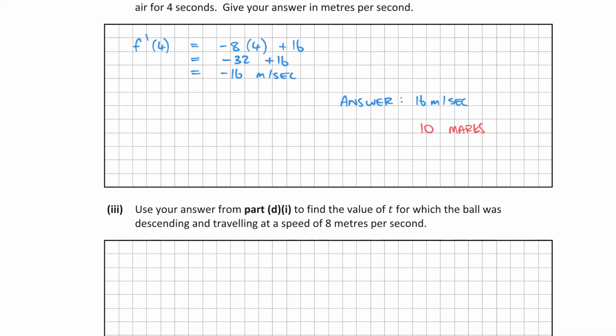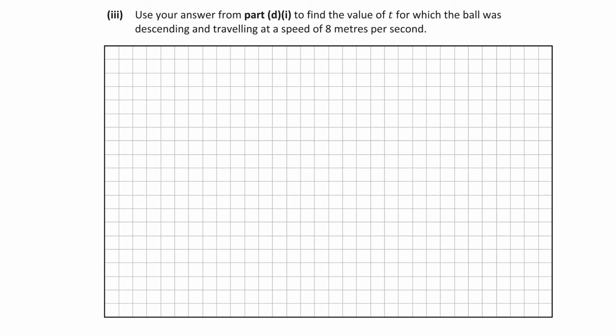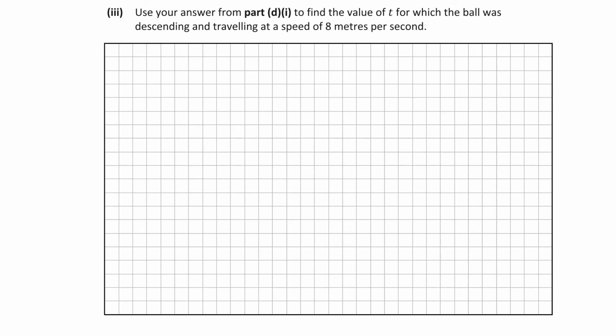The last part of that question was as follows. It says use your answer from part D to find the value of t for which the ball was descending and travelling at a speed of 8 meters per second. So use your answer for part 1, which was the differentiated function, to find the value for t.